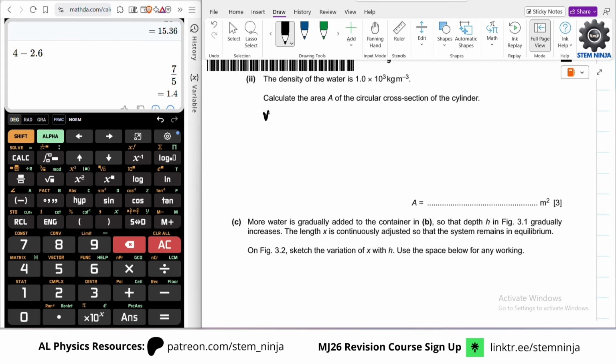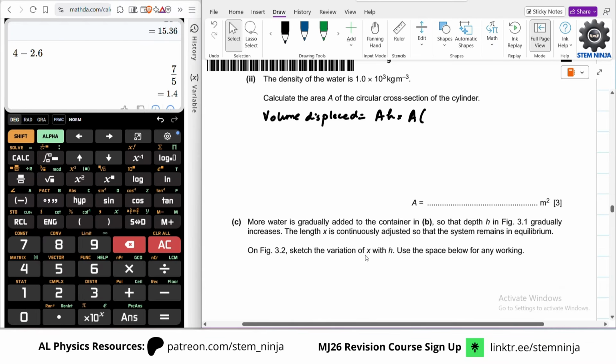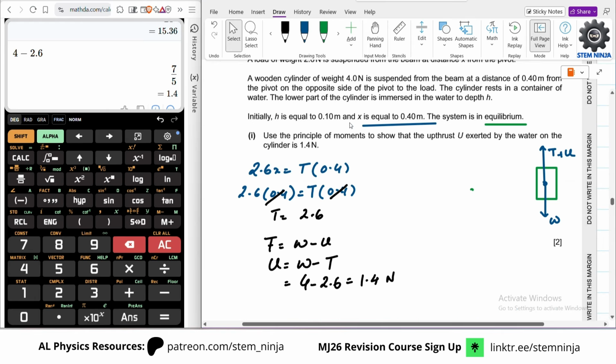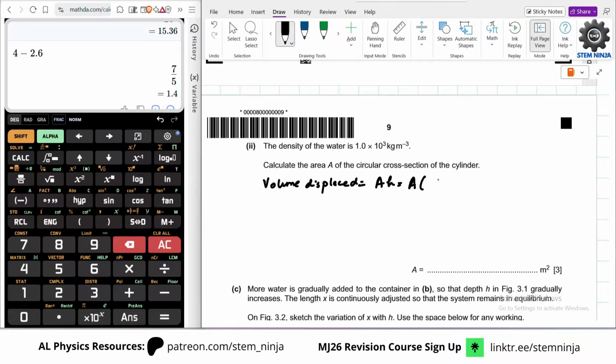So volume displaced is A times h, which is A times 0.1 meters. So upthrust is rho g V.